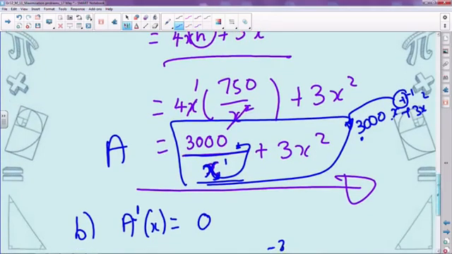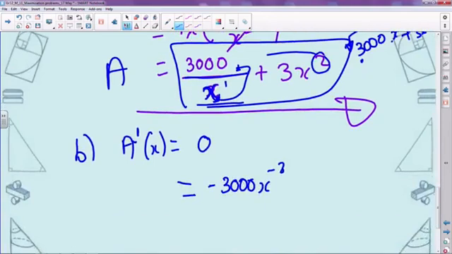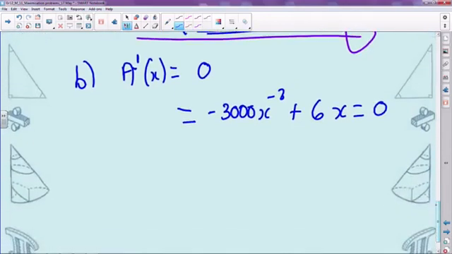That's just your rules for differentiation. Then we differentiate the second part of this expression, so I get plus 6x. We want to minimize this, so this is where the derivative of the area is equal to 0. You set that equal to 0, and this is where we're going to solve this expression. Let's write this in a way that's a little bit easier to work with.